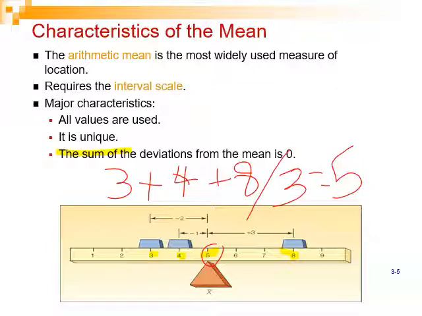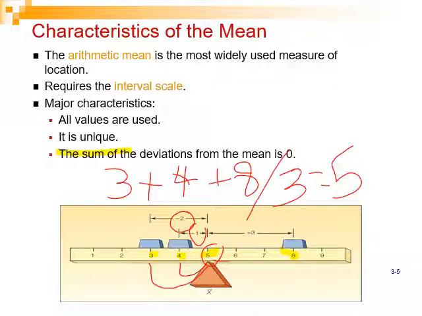This means if we find the deviation from 5 for these points, the difference between 4 and 5 is 1 in a negative direction, so it's equal to -1. Between 3 and 5 the difference is 2 in a negative direction, so it is -2.